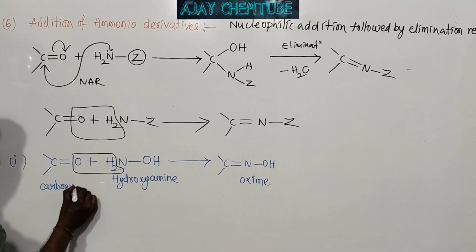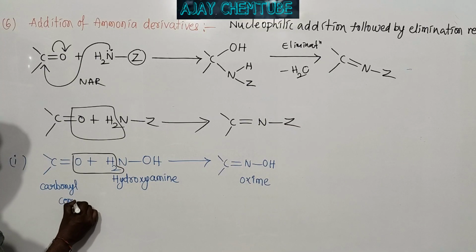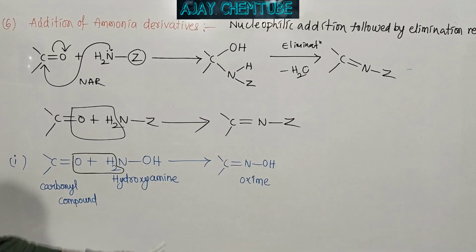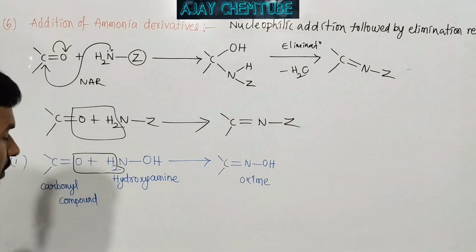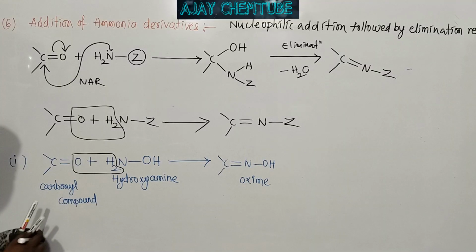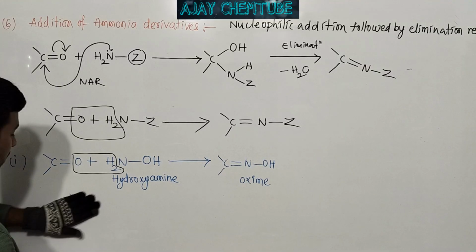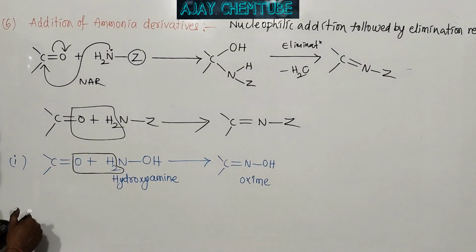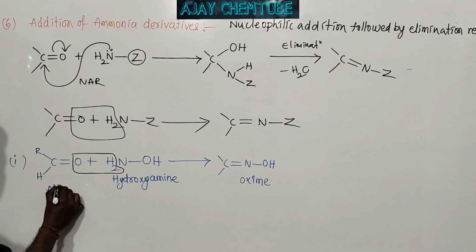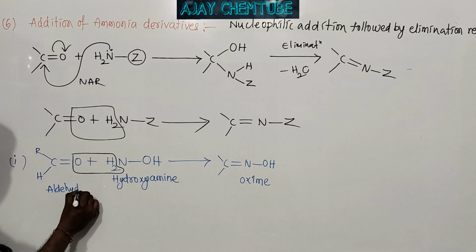Carbonyl compound, that may be aldehyde or ketone, with hydroxylamine forms oxime. If it is aldehyde, aldoxime. If it is ketone, ketoxime. I will maintain that clarity. If it is aldehyde, what you get?